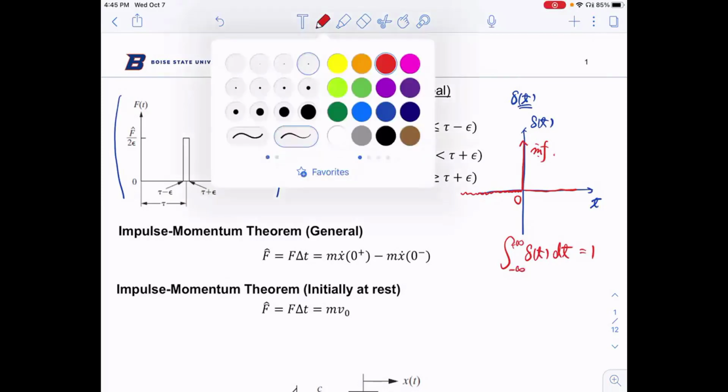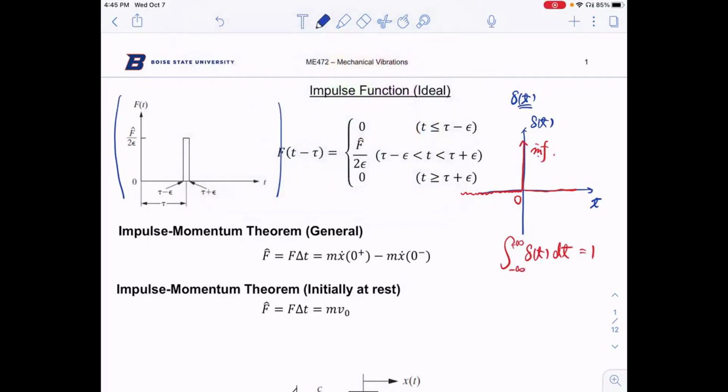And there is another way to define such a function. You can use infinitesimal assumptions. You assume there is a square in the 2D time domain. The area of this square is 1.